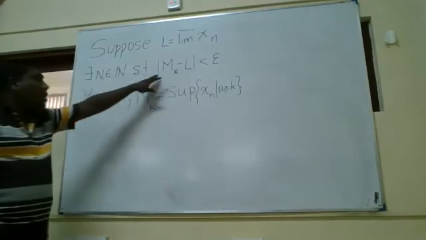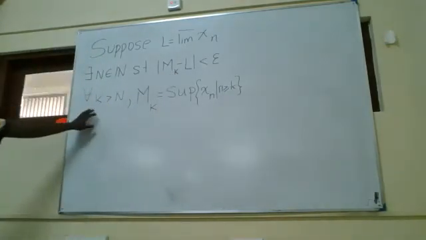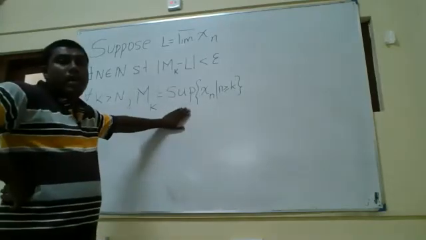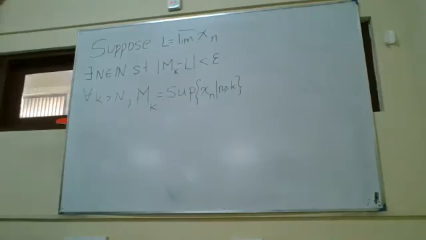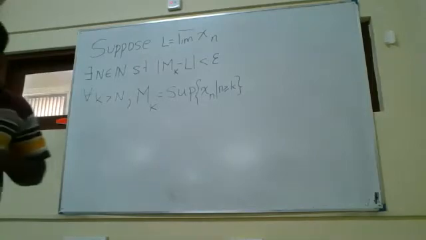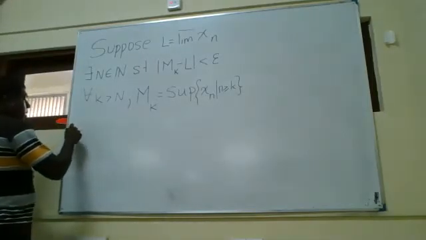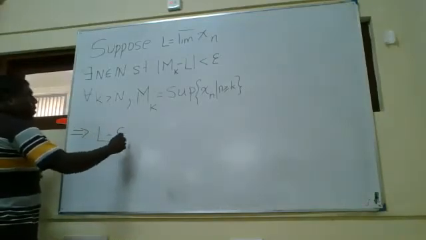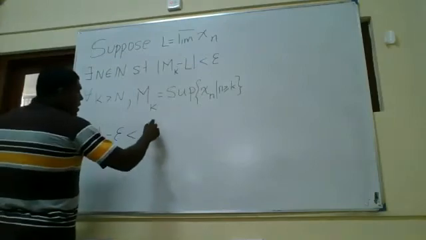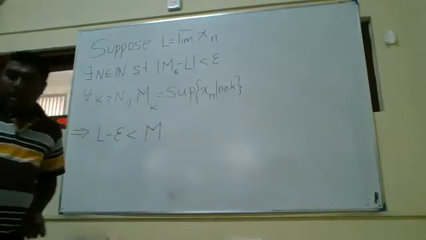The distance between Mk and L is less than epsilon for all k greater than N, where Mk is the supremum of the subset of the sequence. So clearly, from this you know that L minus epsilon is less than capital M N plus 1.